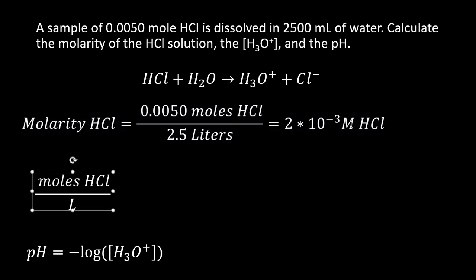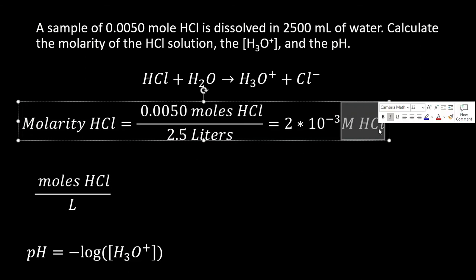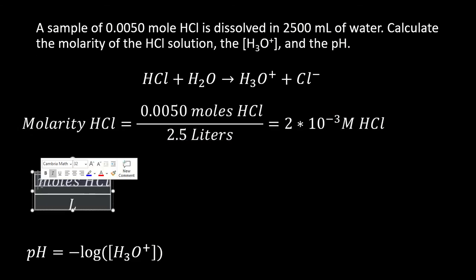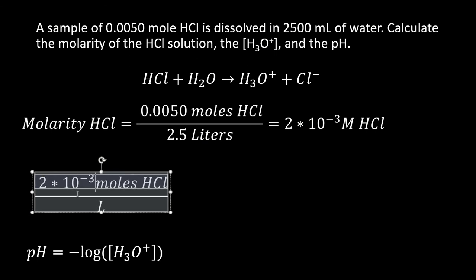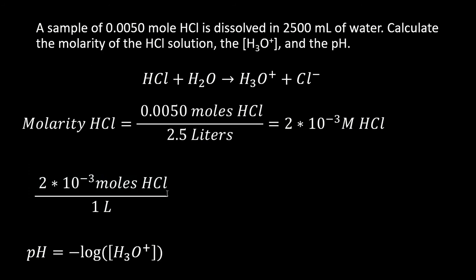Now, molars of HCl, that's just moles per liter. If we want to solve for the hydronium ion concentration, but we only know the concentration of HCl, that's actually very simple. So 2 times 10 to the negative third molars of HCl is just 2 times 10 to the negative third moles per 1 liter of HCl.